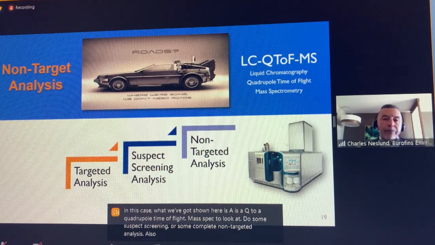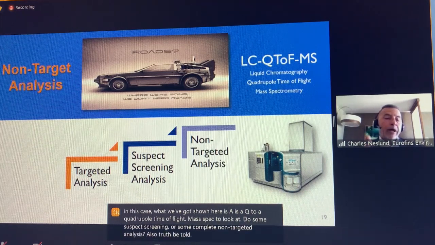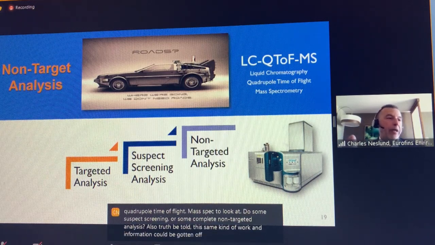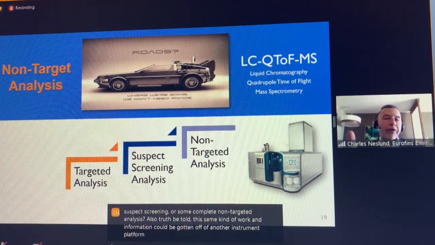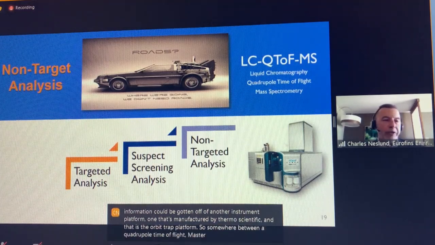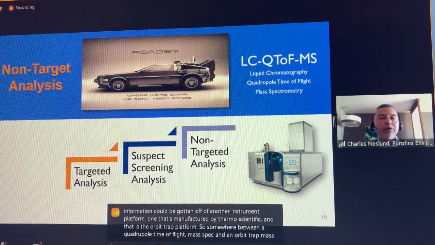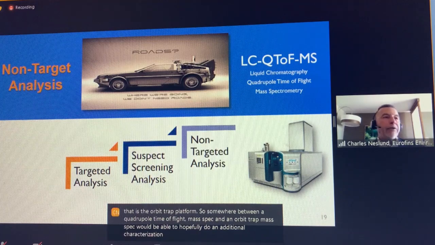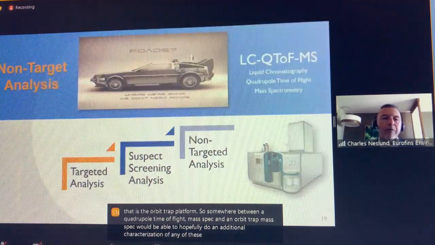Truth be told, this same kind of work and information could be gotten off another instrument platform manufactured by Thermo Scientific, the Orbitrap platform. So either a quadrupole time-of-flight mass spec or an Orbitrap mass spec would be able to hopefully do an additional characterization of any of these products of incomplete combustion.